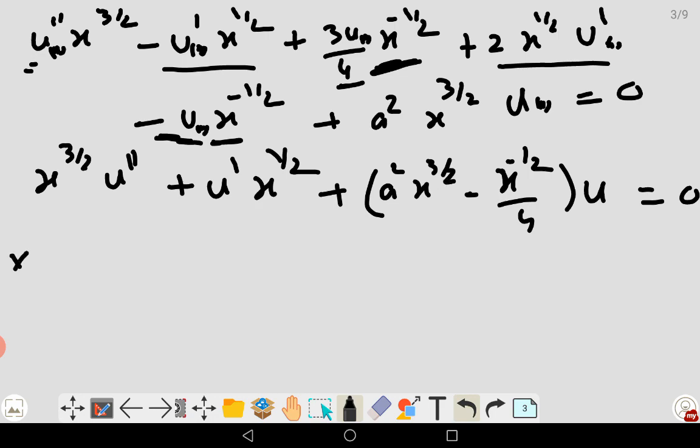Now we are multiplying this equation by x power negative half. So what you get when you multiply every term? X power negative half into x power 3 by 2 will be x power 1, it will be x square u double dash, 3 by 2 minus 1 by 2. Okay. We multiply here. 3 minus 2 by 2, it should be 1.